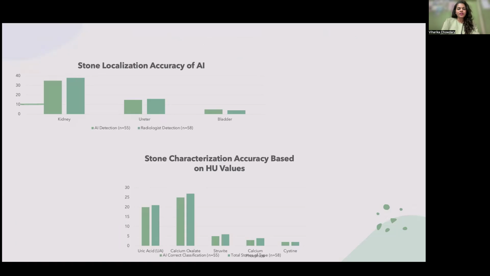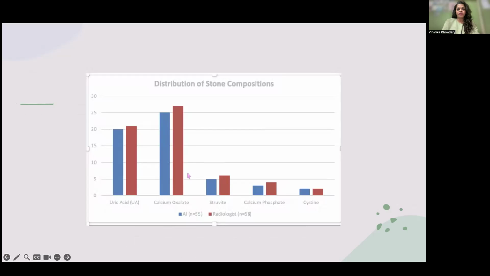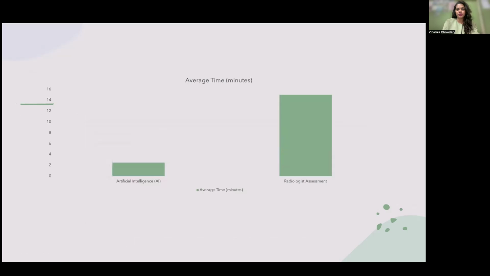And here these are the results where we can see the stone localization accuracy by radiologists and the AI. It is almost equal everywhere, and even the stone HU measurements and stone composition based on HU, it is giving accurate results along with the radiologist.